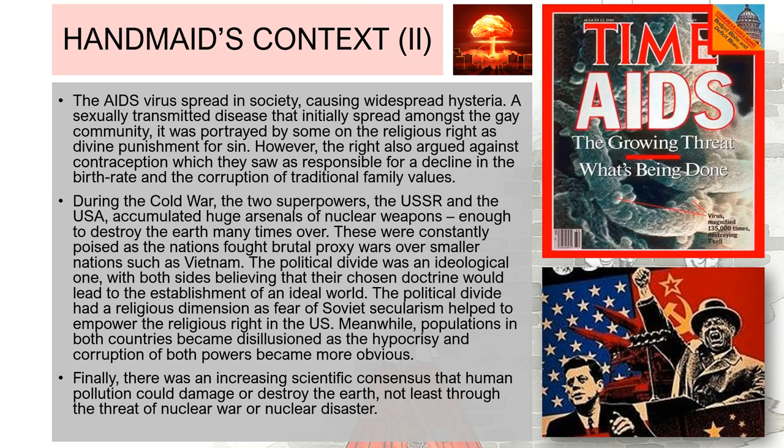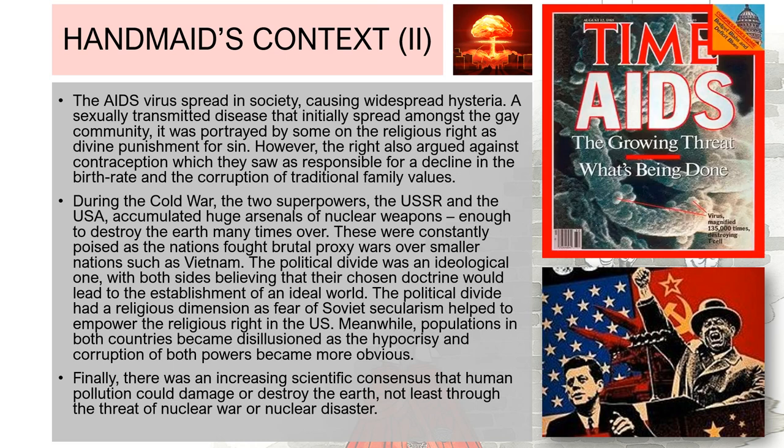And finally, the environmental aspect to The Handmaid's Tale. We don't know what's caused the environmental catastrophe that is a sub-theme to the Handmaid's Tale. But in the 1980s, things like greenhouse gas emissions, the greenhouse effect and global warming are starting to become understood.